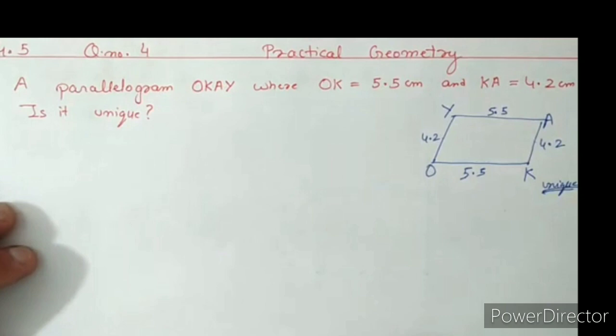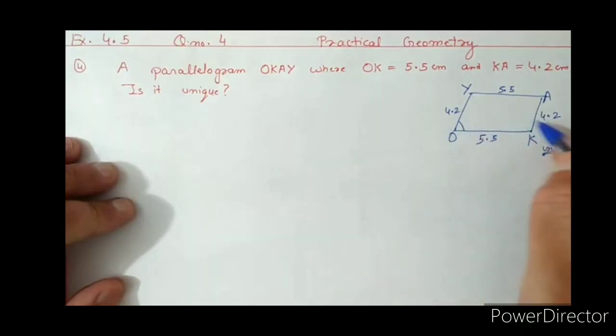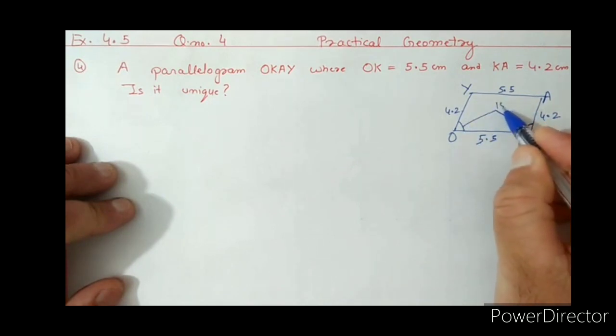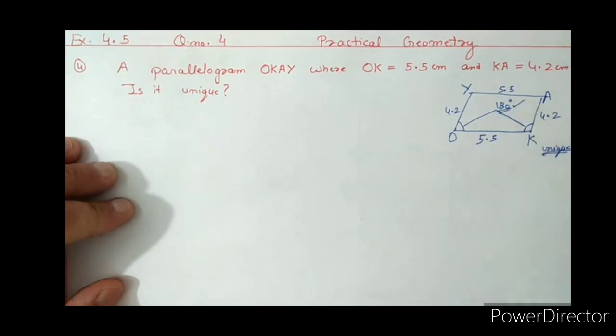For that, we are going to use the adjacent angle property of a parallelogram. We know that adjacent angles are supplementary. That is, angle O plus angle K is equal to 180 degree.